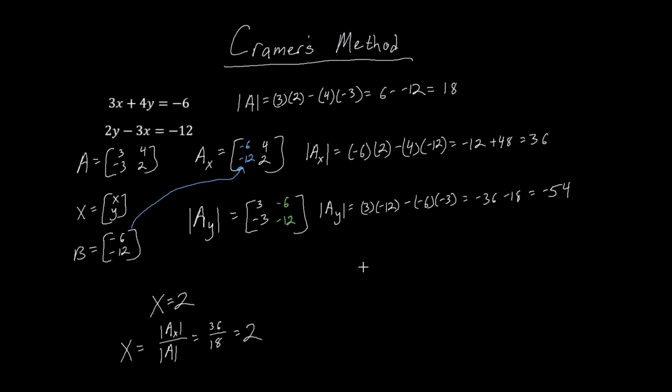Now that we know the determinant of A sub y, we can use the exact same method we did here. Determinant of A sub y divided by the determinant of A will be negative 54 divided by 18, which gives us, surprise, surprise, a negative 3.